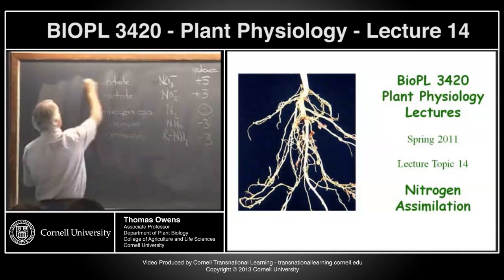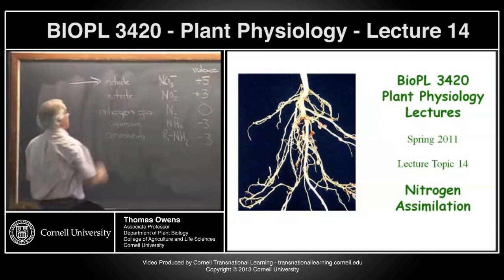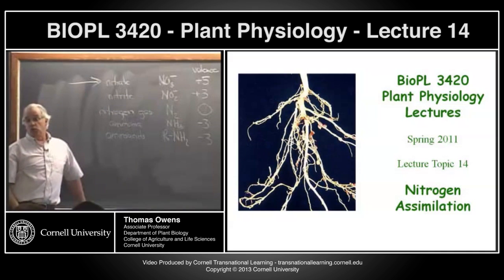Okay, so nitrate is the form in which most plants obtain nitrogen from the soil, and we'll see why in just a minute.